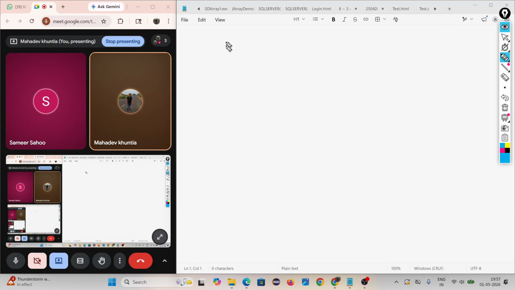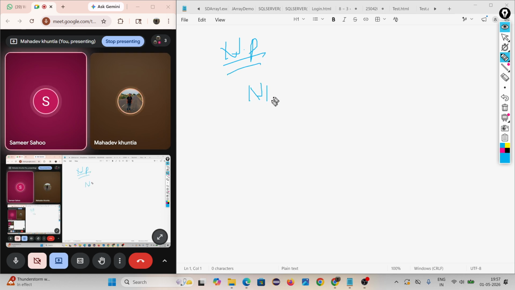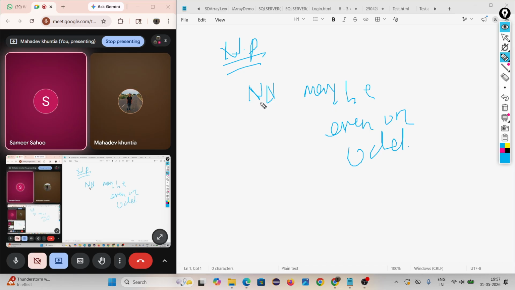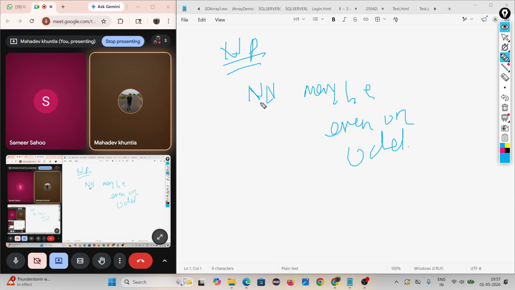This is the note point: a negative number may be even or odd. Same, just check divisibility by 2. You only have to check the remainder. If remainder is 0, then even number. If remainder is 1, then odd number.